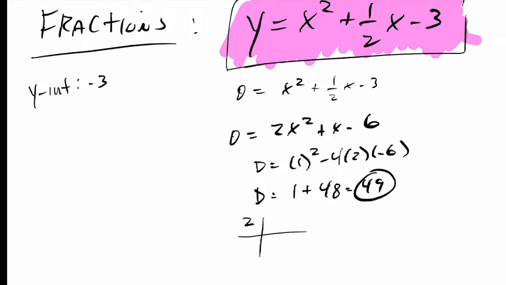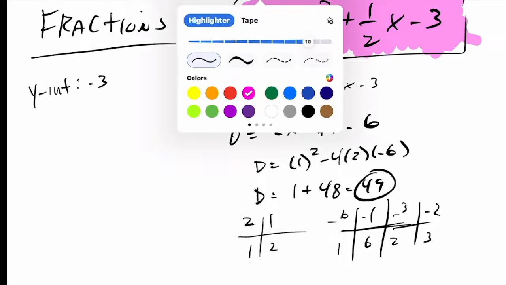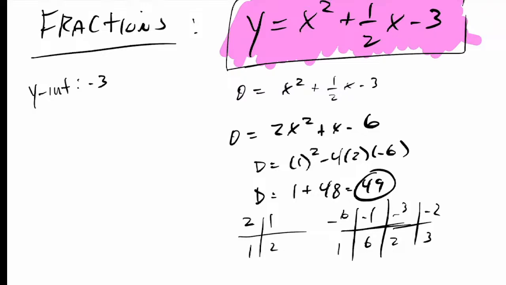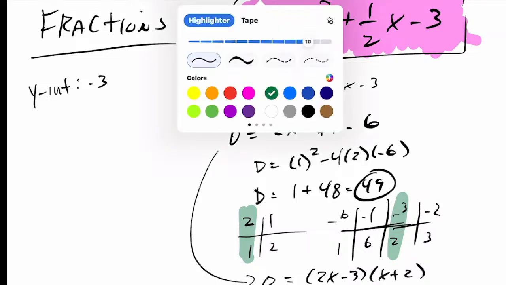Let's go ahead and just solve it using charting just to see this. I'm looking here for, it's got to come out to be a 1. Which case is these ones here. And I get 0 is 2x minus 3 times x plus 2. So the roots are 3/2 and -2.